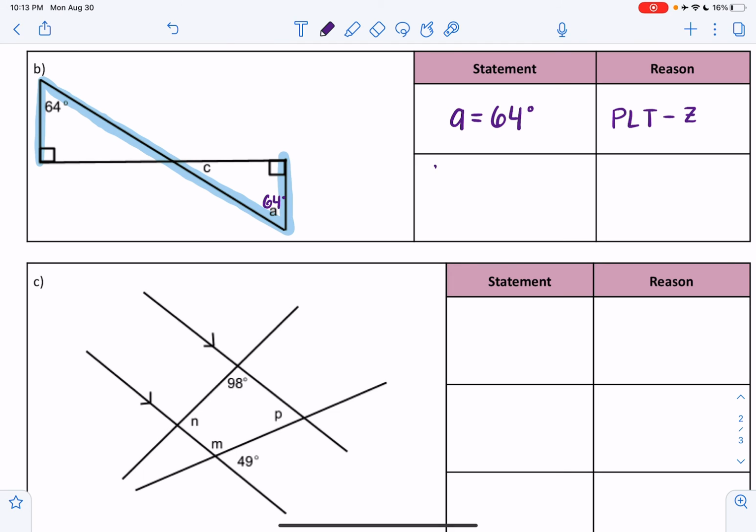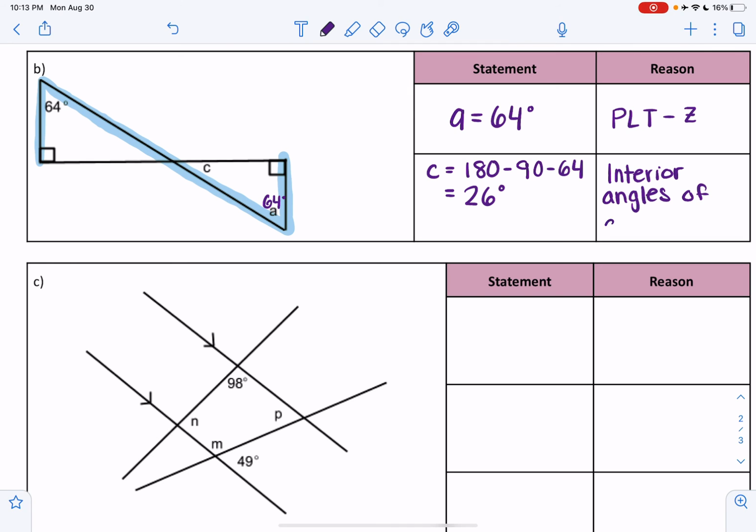So for C, we will have 180 minus 90 minus 64. So subtract all those other angles to get C, and that will give us C is 26 degrees. And that is from our interior angles of a triangle.